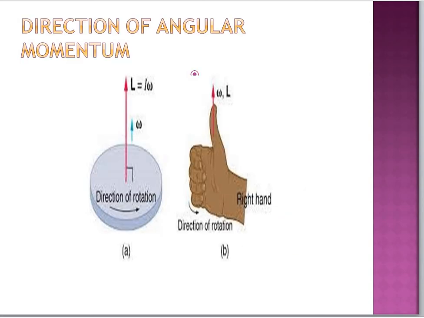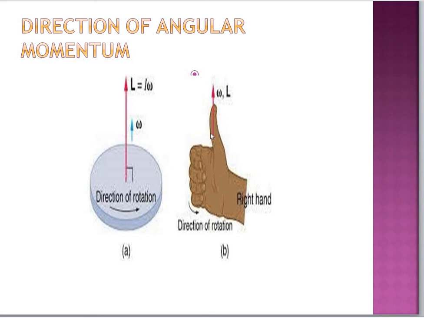So we already discussed that angular momentum is a vector quantity. So it should have a direction also. Its magnitude is already given by L is equal to r into p into sine theta, or r cross p. r cross p means its magnitude is given by r p into sine theta, and its direction is given by the right hand thumb rule.